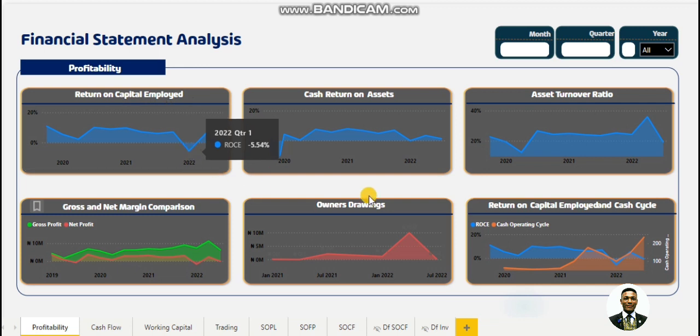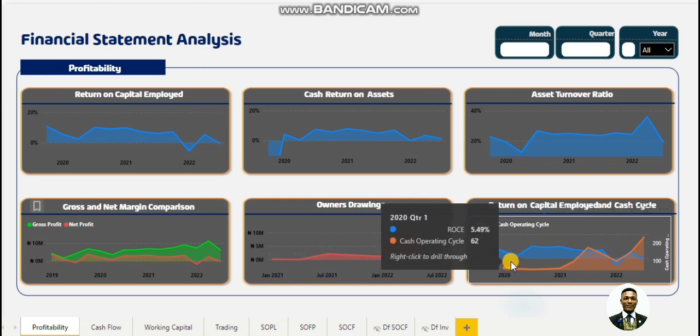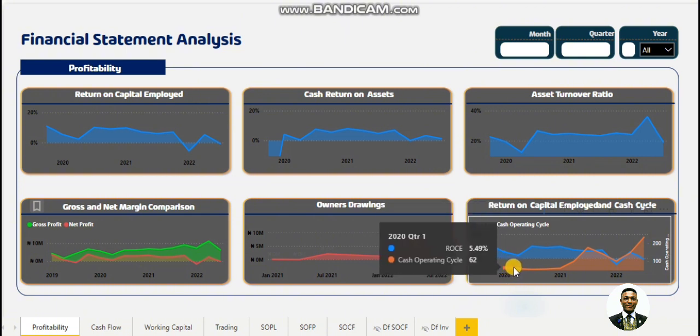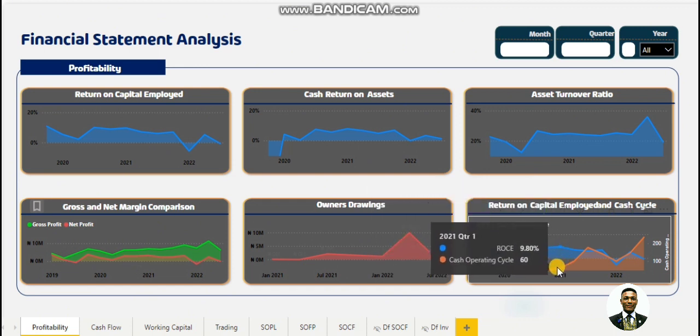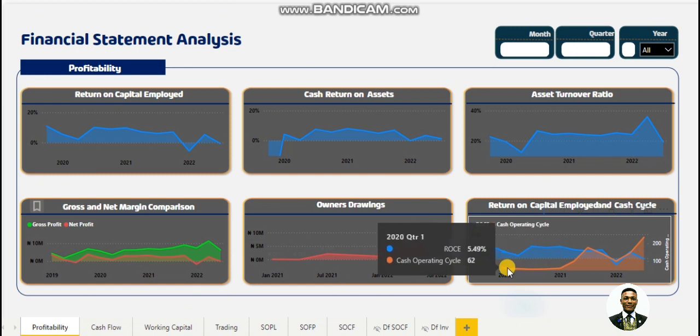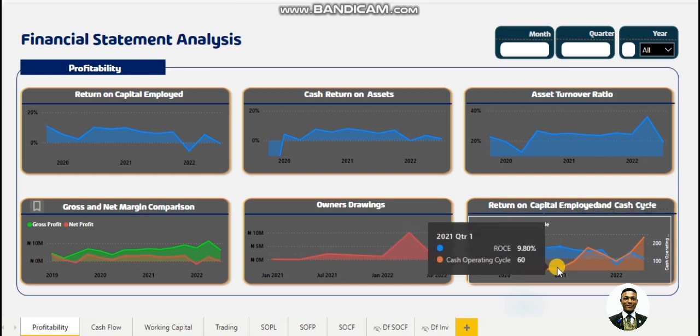Now, how is this decline in return on capital employed being affected by the cash operating cycle? We noticed that when it started and when it was stable, all this while it had a very low cash operating cycle of less than 60 days, with 60 days being the maximum.